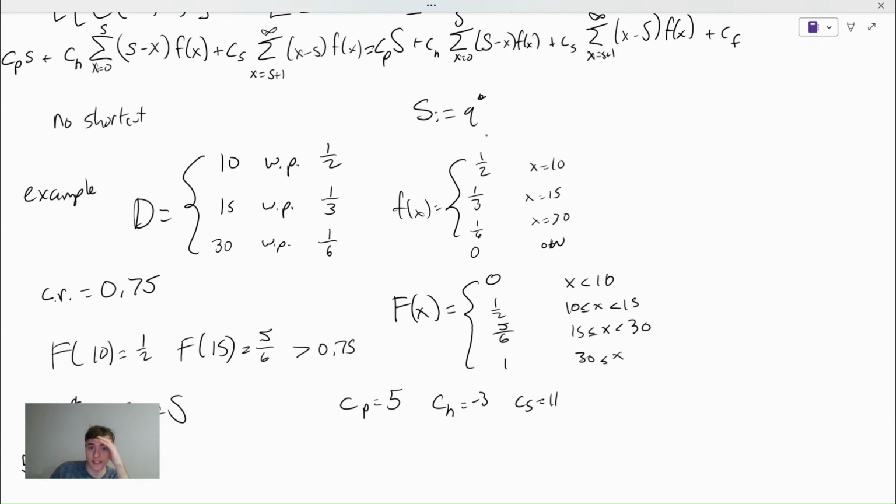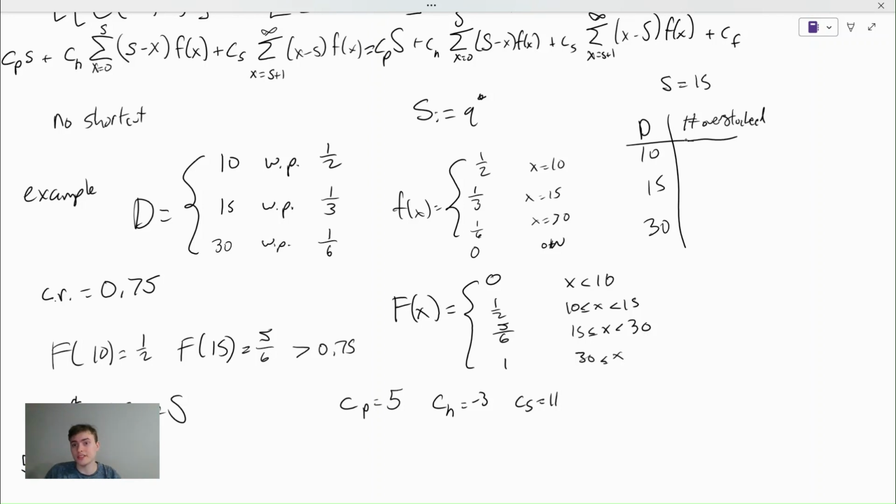So basically, this is just our number of units overstocked and then our number of units understocked, right? So each of these values has probability given, right? So if we made a table, D is 10, 15, or 30, then our number overstocked, our S equals 15, right?